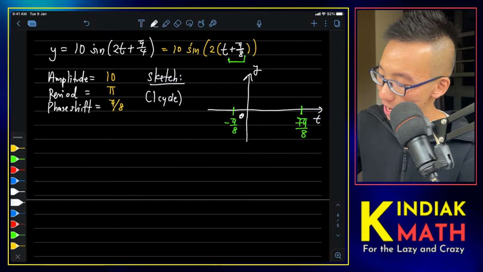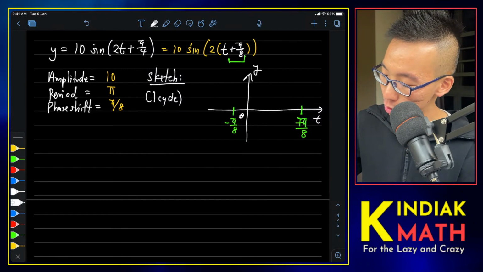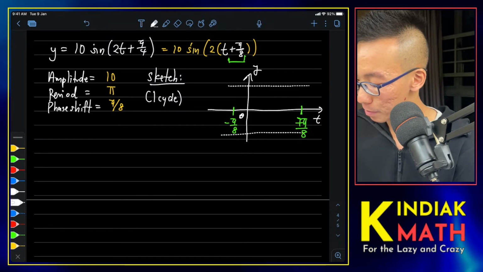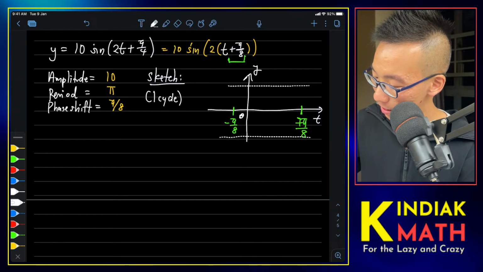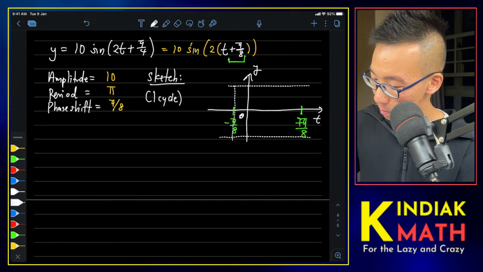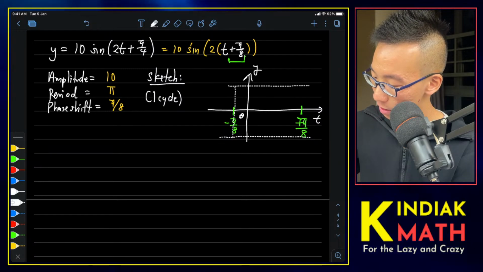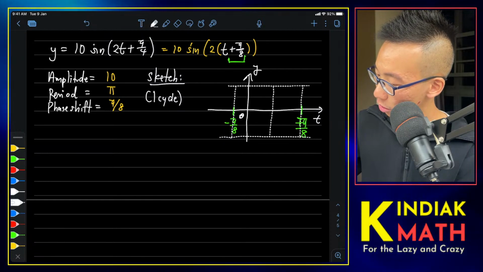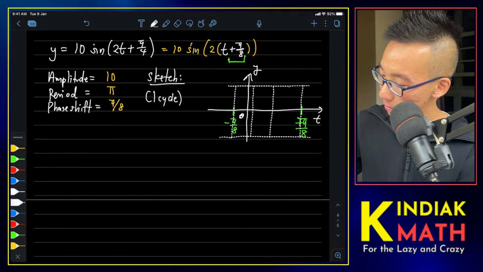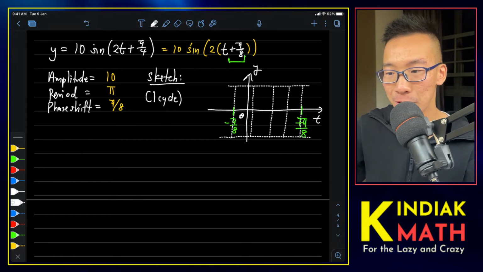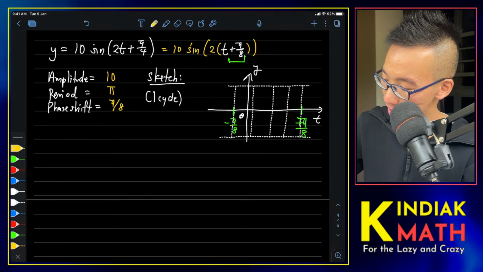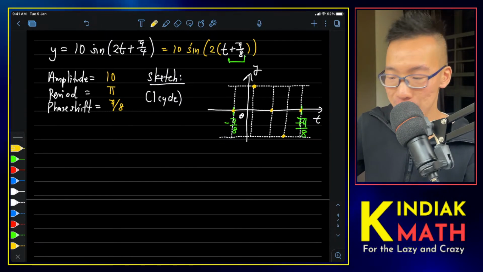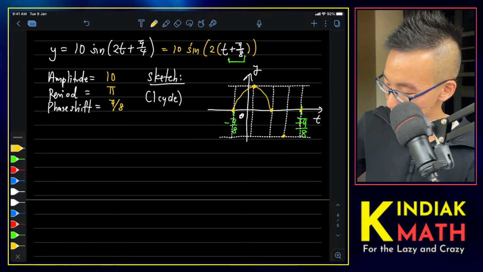So once you have that, this is how I like to draw my trigonometric graphs. I like to draw a bunch of bounds in this manner. Let me draw it more cleanly like this. I like to chop it up into 4 equal partitions. And then, since this is a sine graph, we will pass through these points, connect them.